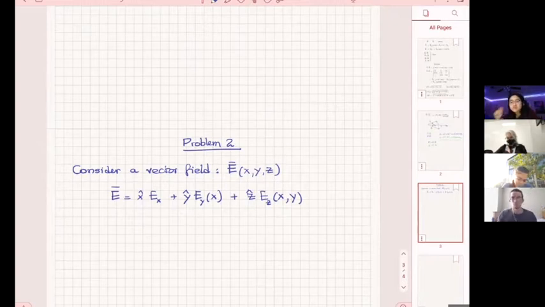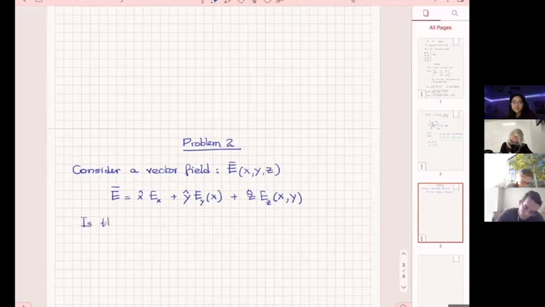All right, and then I say, identify and classify this field. Classification means two things. Question number 1: is this field a solenoid?